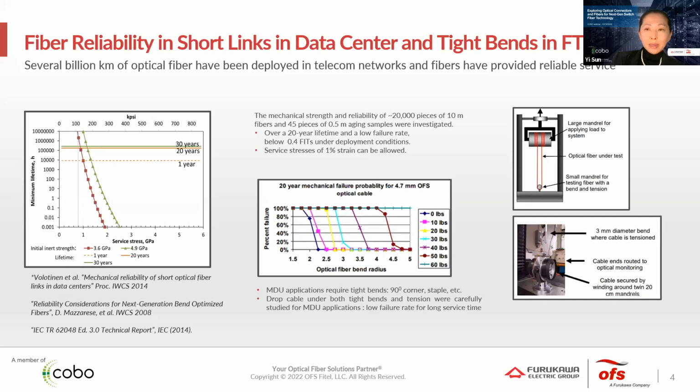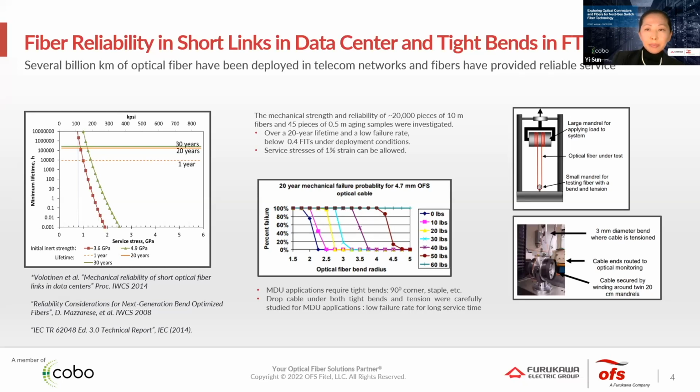Fiber reliability is definitely not a new topic. This slide reflects on what lessons we can learn from telecom, datacom, and fiber to the home that can be adapted to the OBO or CPO. First, in the past 3 to 4 decades, several billion kilometers of optical fibers have been deployed in telecom networks, and it has been providing reliable service.